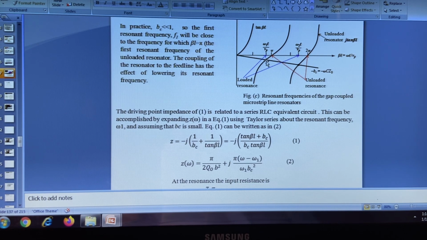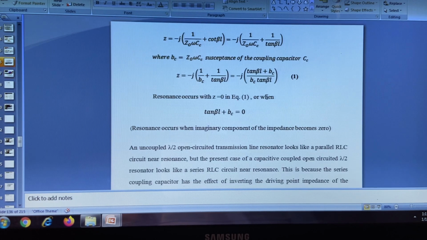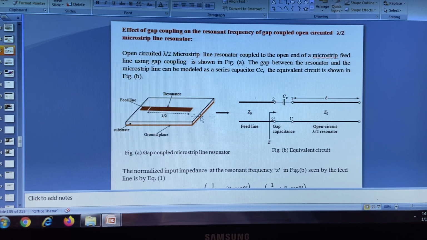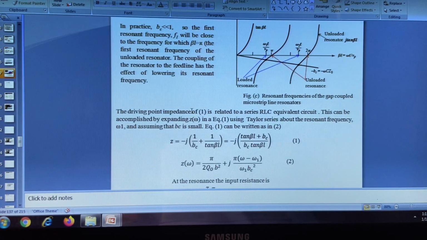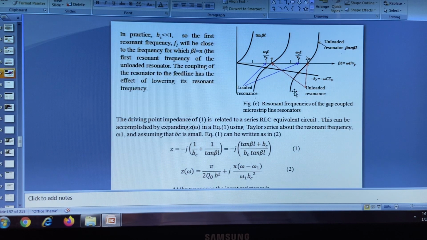The resonance occurs because of addition of this to the unloaded J tan beta L. Because of that, the resonant frequency is shifted to a lower value like this. So the coupling capacitor lowers the resonant frequency of the unloaded resonators, as shown in this figure.